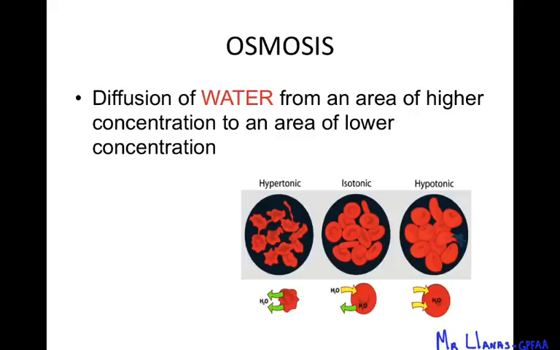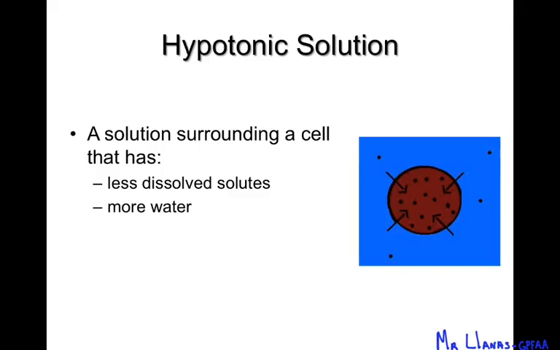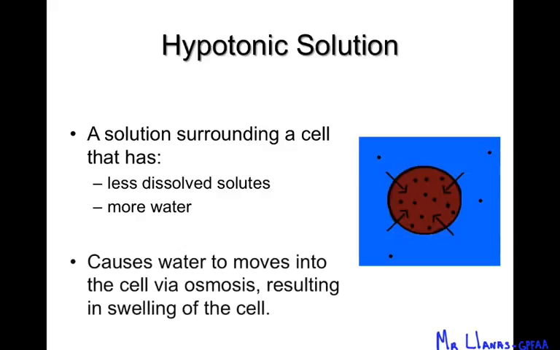We talked about 3 different solutions that a cell can be in, and water can go in and out of the cell, right? We said we call these solutions hypertonic solution, isotonic solution, and hypotonic solution. The first one we talked about was hypotonic solution, and this is where the water goes into the cell, okay?